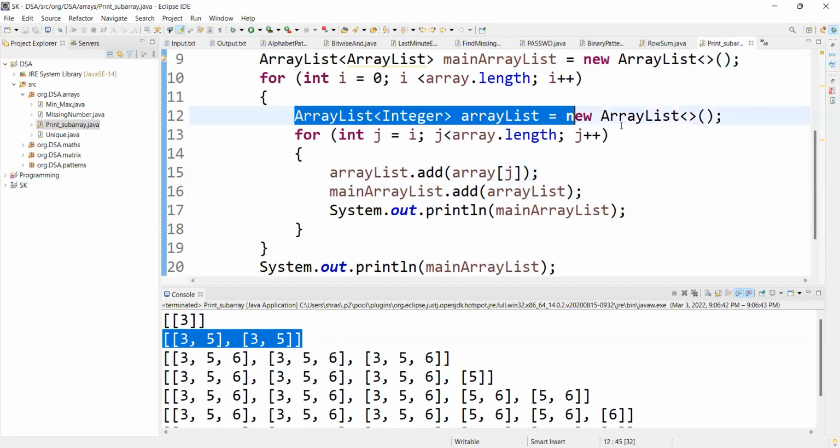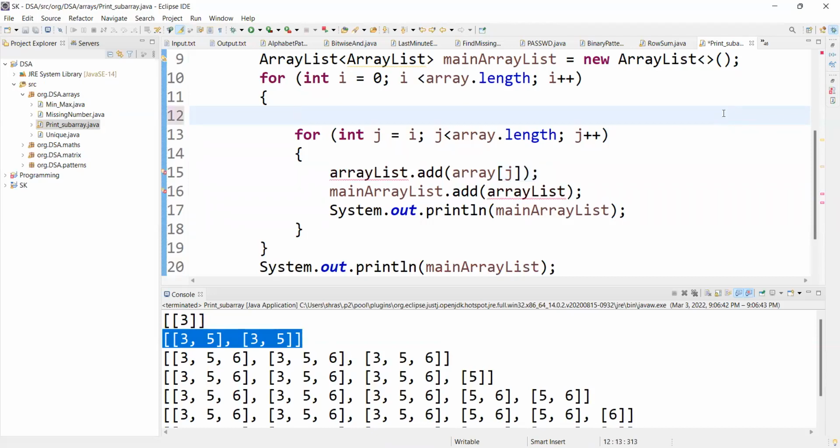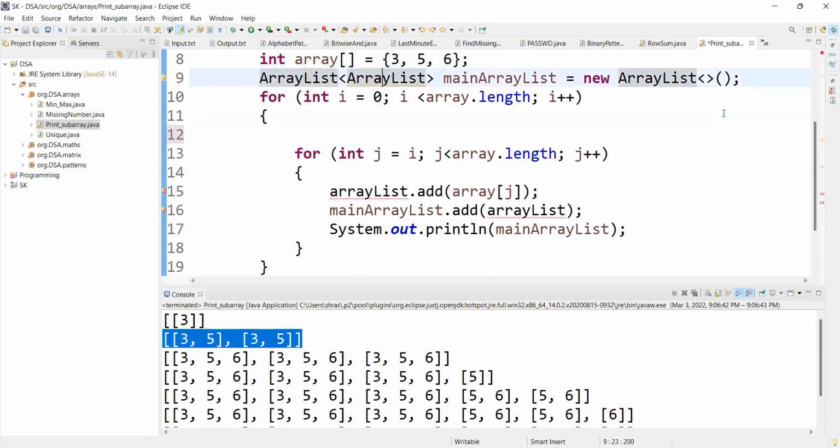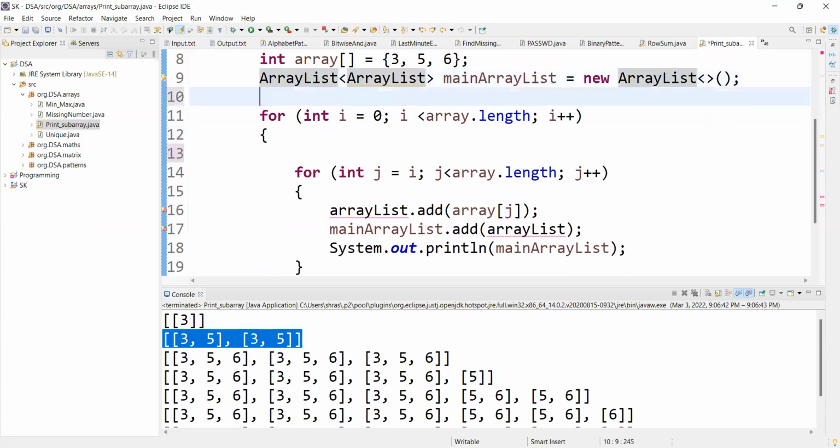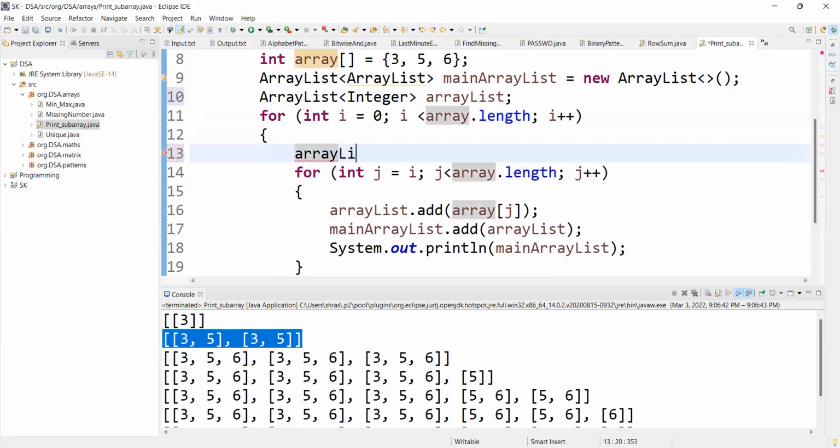You are saying that I should remove this line and go here? No, I'm saying declaring only, so that we can use it as a reference also. And you're saying I should initialize it here, right?